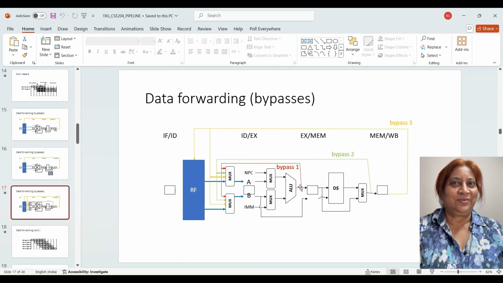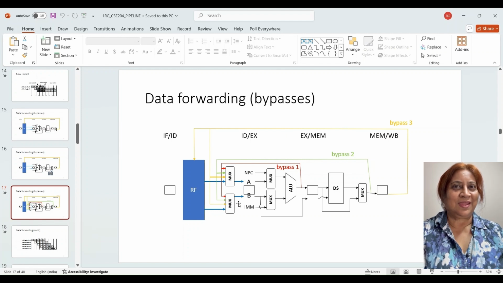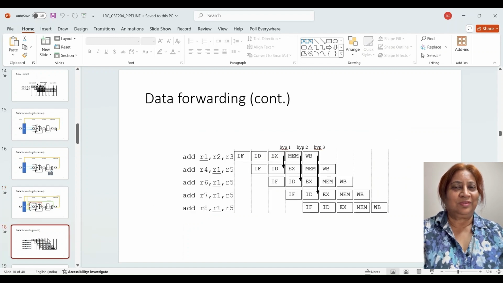So the first instruction is producing the result here, and then it will write back here, but don't wait that long. As soon as the result is ready, bypass it here, and if that can be done, then the RAW hazard can be avoided, and in that particular case it was avoided.